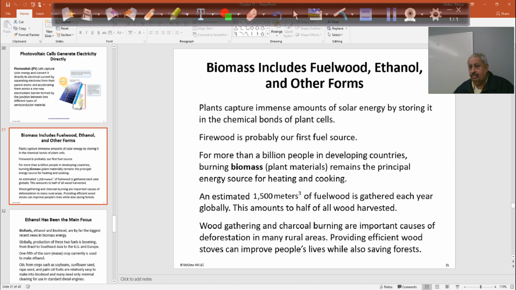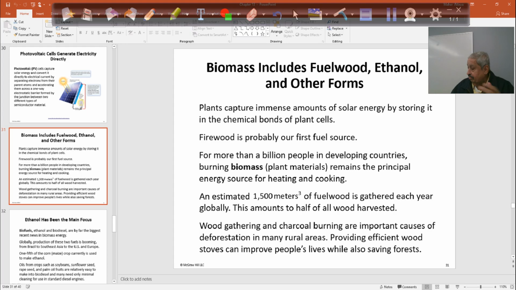Biomass includes fuel wood, ethanol, and other forms. We talked about Brazil. Brazil is the leading country in producing ethanol through the corn.